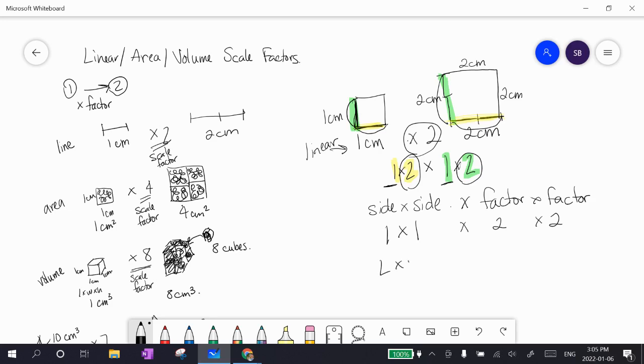So this is length times width, which we know gives us the area, times the factor times the factor, or factor squared.